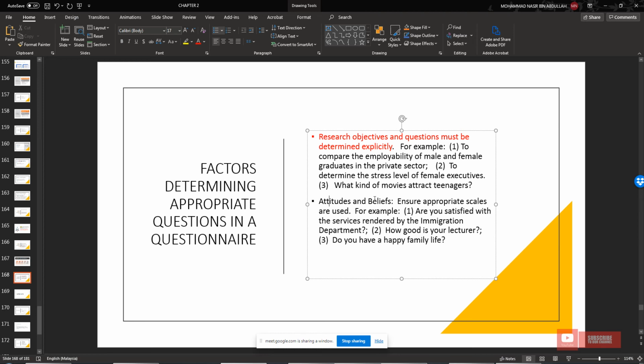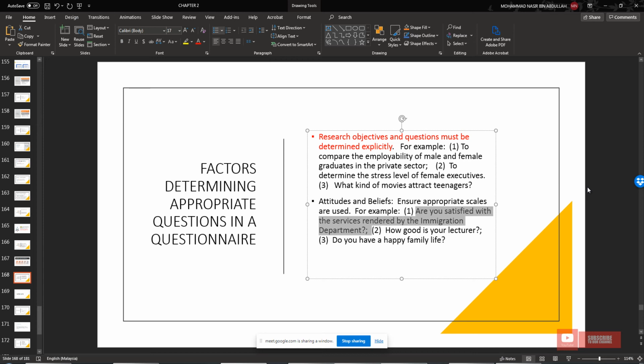So attitude and belief. So for example, are you satisfied with the service rendered by the immigration department? So what is the appropriate scale for this? Either yes or no, satisfied, not satisfied, or you have very satisfied, satisfied, not satisfied, very not satisfied. Right.